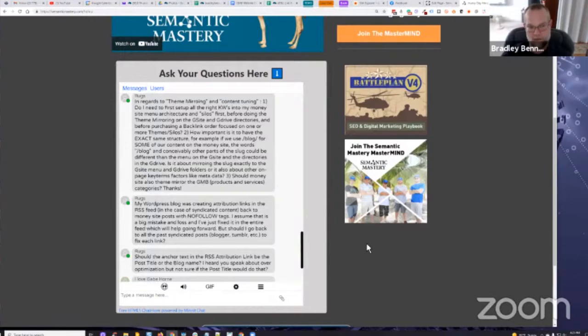And I've seen significant improvement in some of the organic rankings by mirroring the category structure that I have in the GMB. Now, keep in mind, these are sites that have GMBs as well. In other words, they have locations that are associated with Google My Business. So I found that to be very, very powerful.